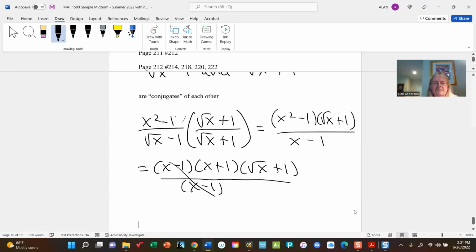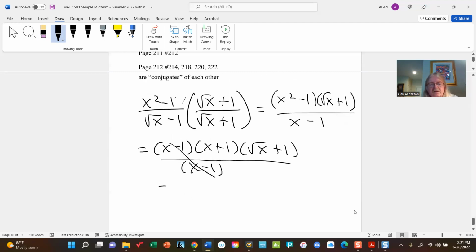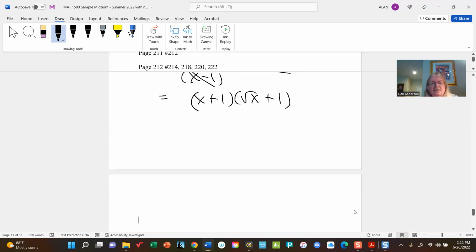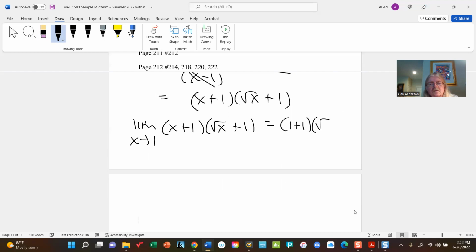So therefore, we have something where we can solve for a direct substitution. So the limit of this expression is 4.